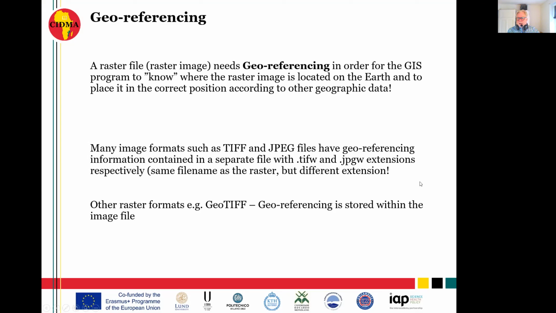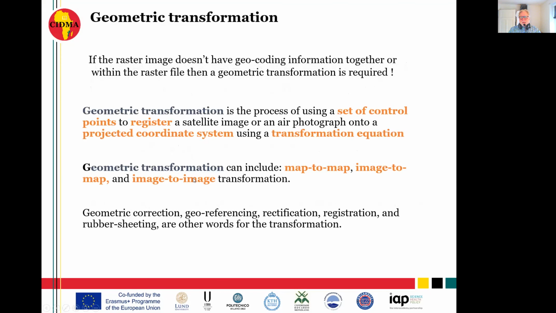And many formats have, in a separate file, the TIFF world file. We've talked about that already. And also the GeoTIFF file. Some formats have the georeferencing stored inside the image file. Sometimes we need to actually transform the geometry of the raster image or the satellite image into something else.